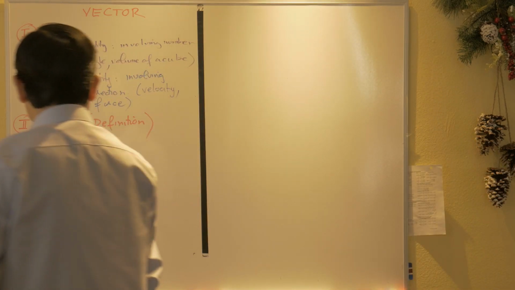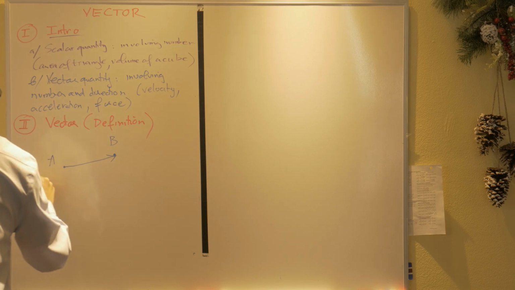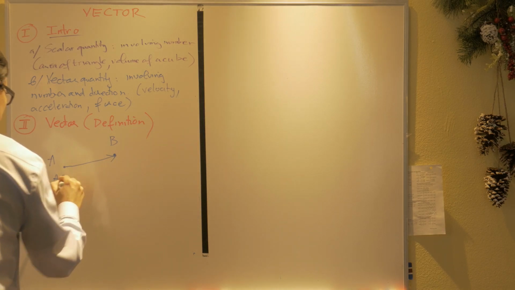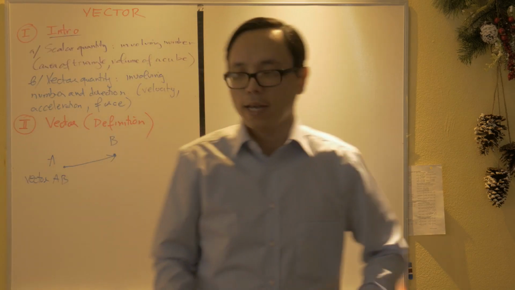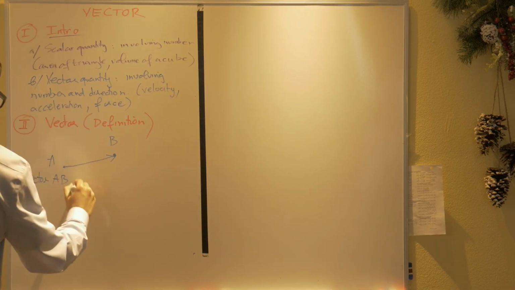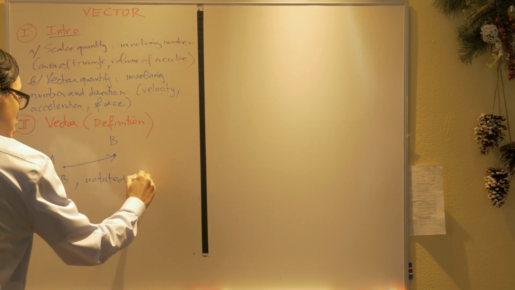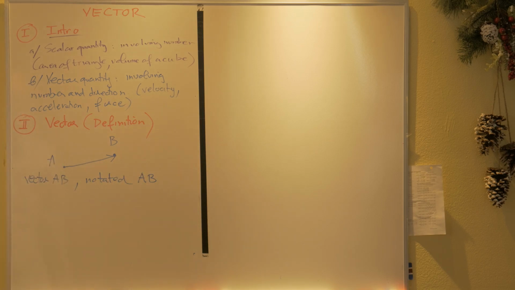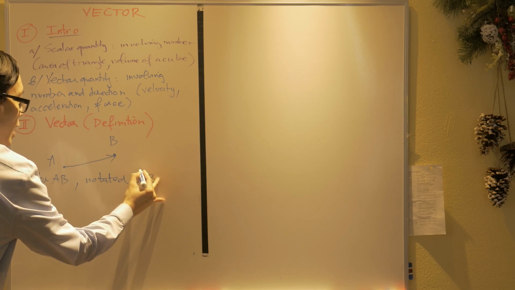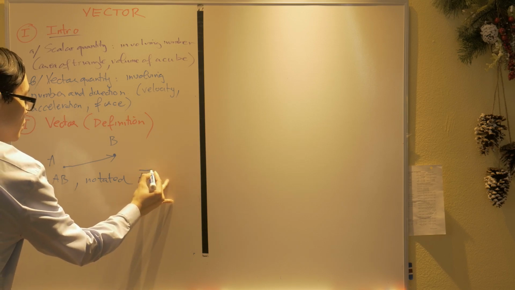So over here we have vector AB. Okay, vector AB is notated as AB with an arrow over it, like that. Vector AB.